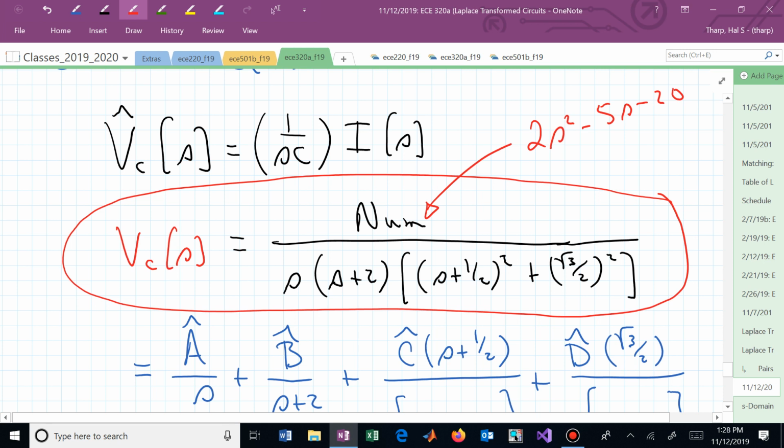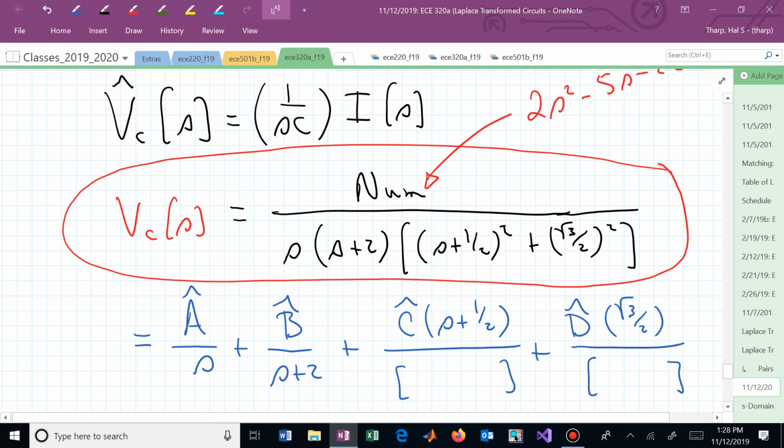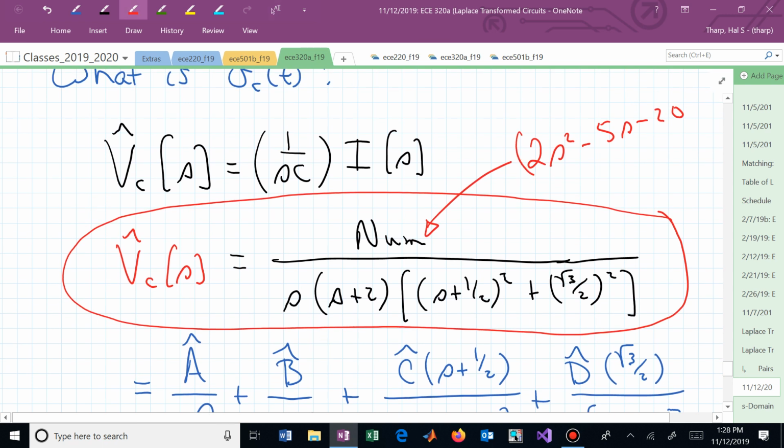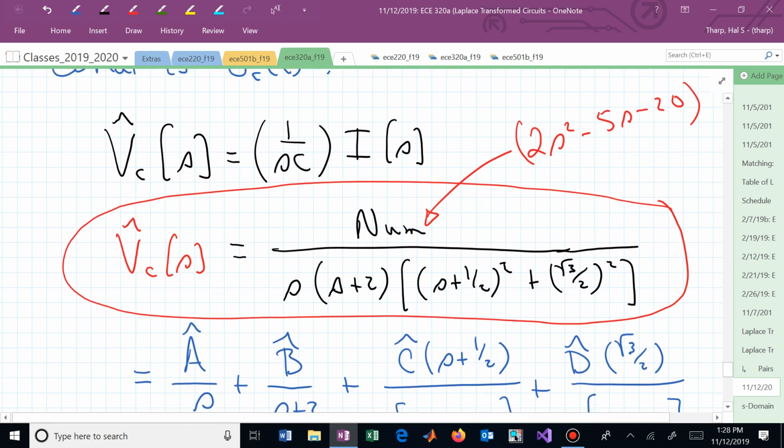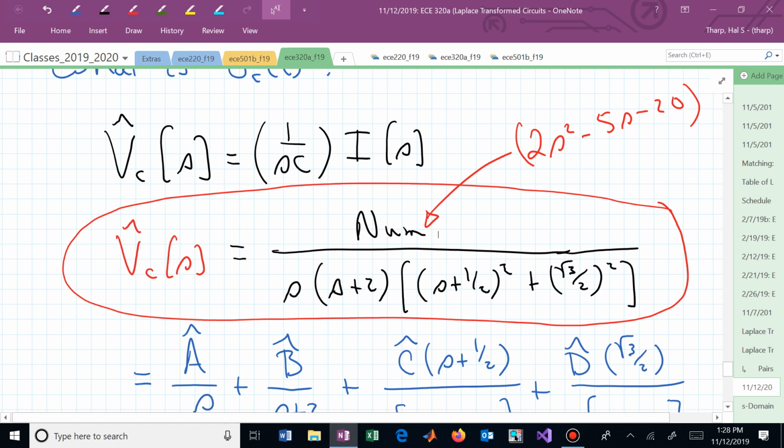What happens when we multiply V sub C hat by s? Here's our numerator. We multiply it by s. I'm going to erase that because somebody will go, where'd that come from when they look at the notes? But that's in there. That cancels the s in the denominator. Now let's let s go to 0. What do we end up with? Upstairs, what's in the numerator as s goes to 0?